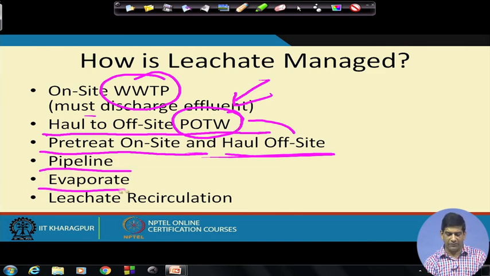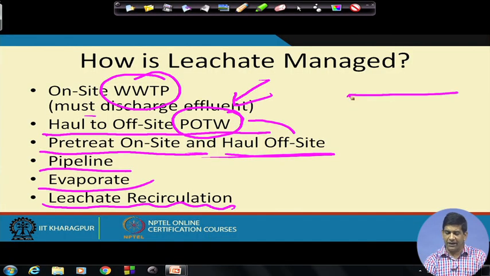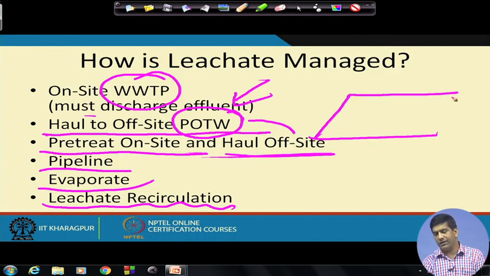You can also have some evaporation in there, and there is a provision of doing leachate recirculation as well. Leachate recirculation helps in waste degradation much faster. As we have talked about earlier, you can think about this landfill, I have said that many times, as a huge polythene bag.